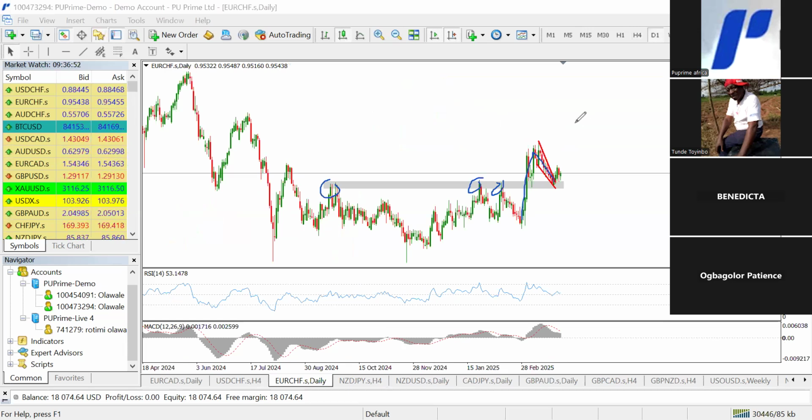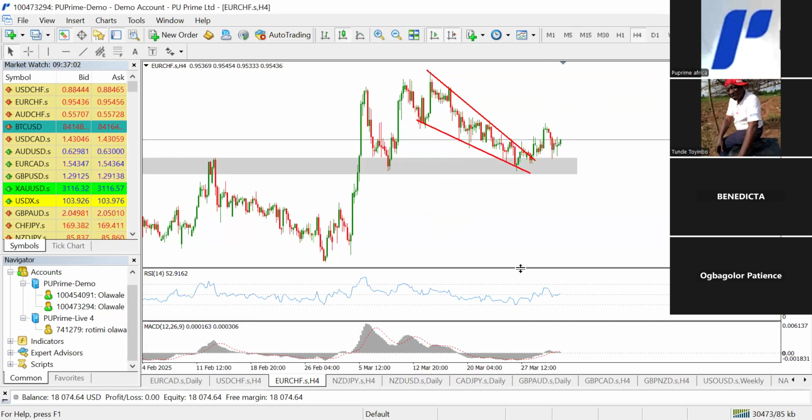So technically, we should be expecting a bullish continuation. So that's the outlook for that on the bigger time frame. So from the daily, we expected a bullish movement. So on the 4 hour, it has done some movement, it retraced, then is trying to form a double bottom from where we still expect a bullish continuation. So I still hold on to a bullish outlook on the Euro CHF.